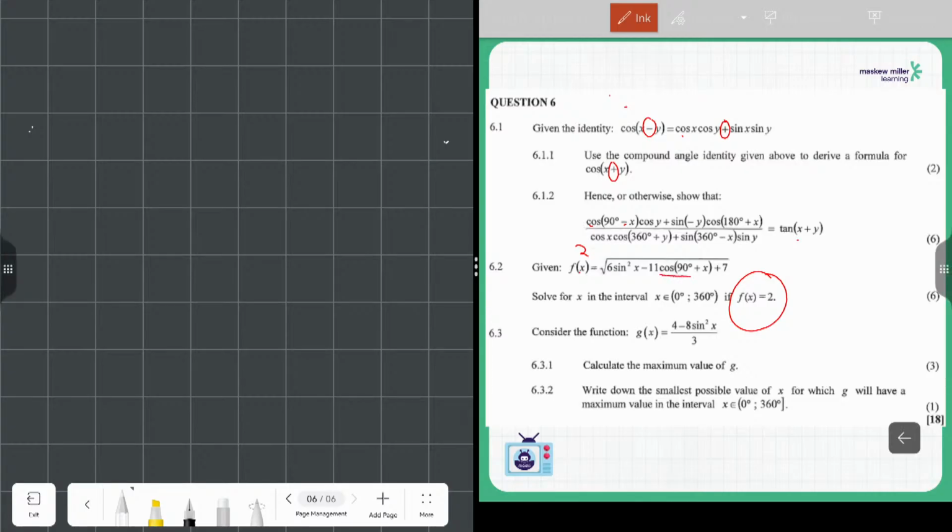Remember to change this by reduction formula, and cos will change to be sine. But because it's cos of 90 plus, that is on the second quadrant where cos is negative, so you need to remember that your sine therefore will become negative. Very, very important for you to note those kinds of things, and then you'll have your flat equation.